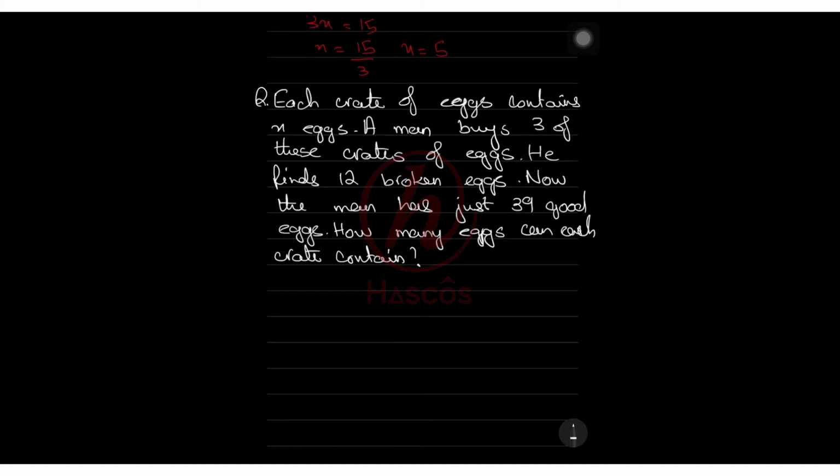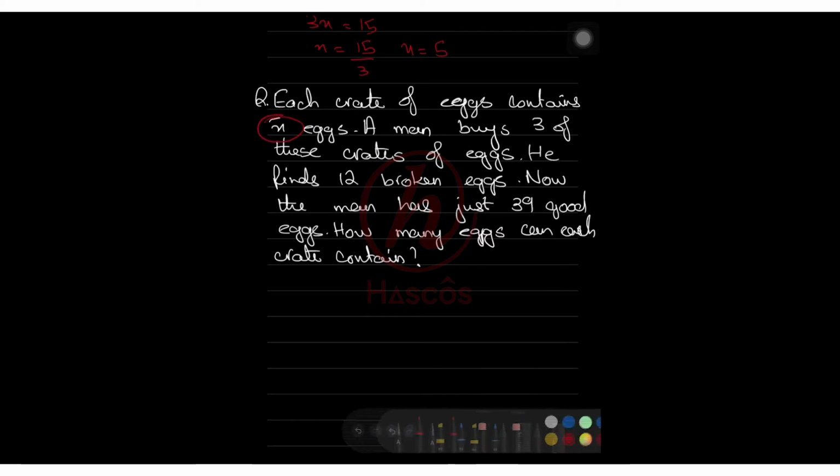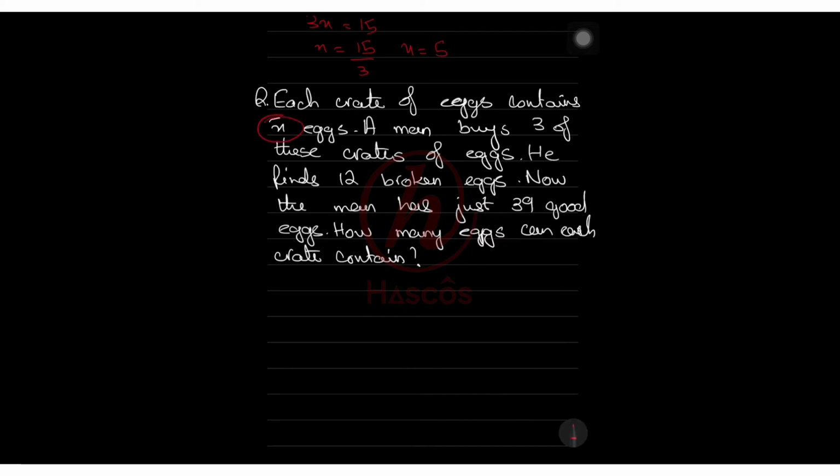Now in this question, the question says that each crate of eggs contains x. Alright. So each crate of eggs contains x. A man buys 3 of these crates. So that means 3 multiplied by x. So if one crate has x, 3 crates is going to have 3x.